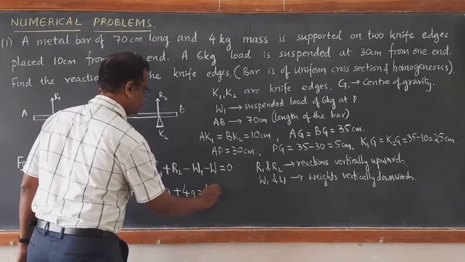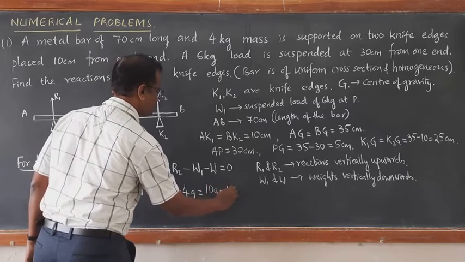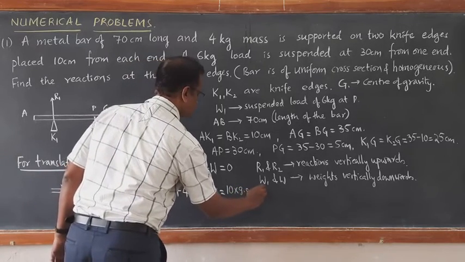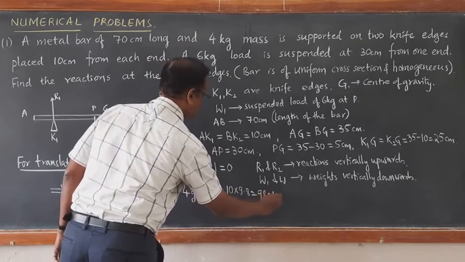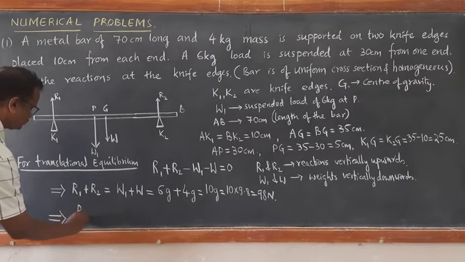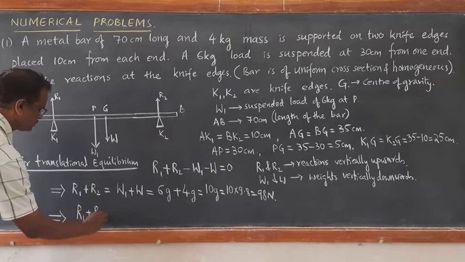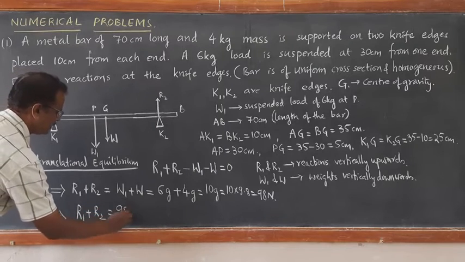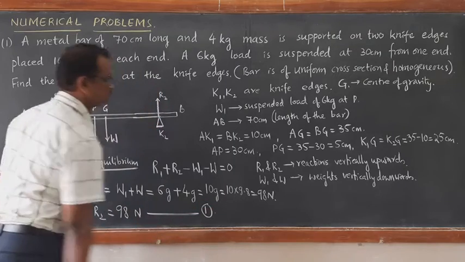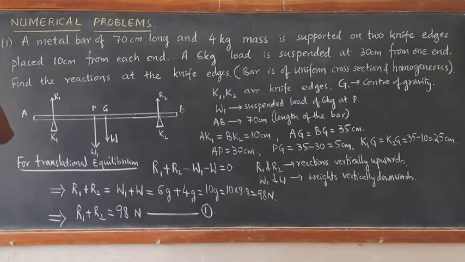So it becomes 10 into g, that is 10 into 9.8, which becomes 98 Newton. Thus R1 plus R2, the sum of the reaction forces, is equal to 98 Newton. Call this equation 1. In the same way we can apply the condition of rotational equilibrium.